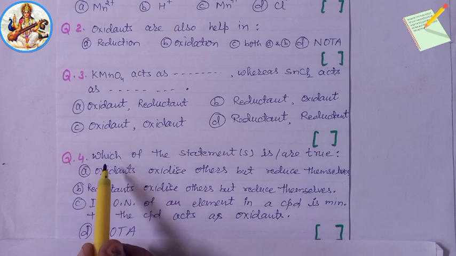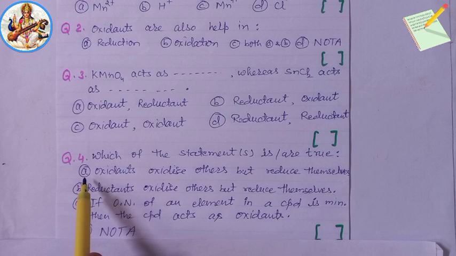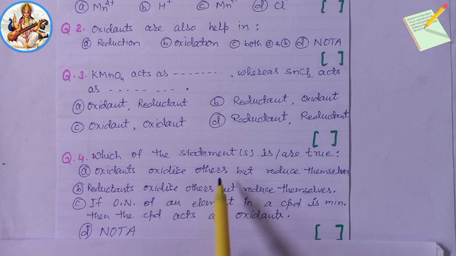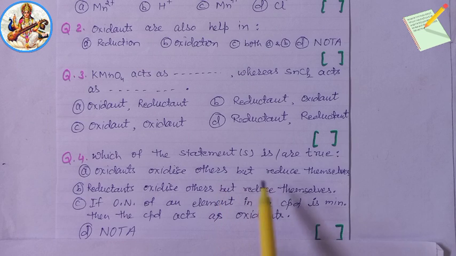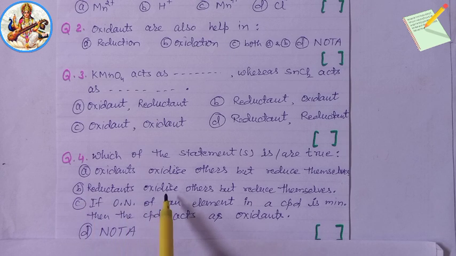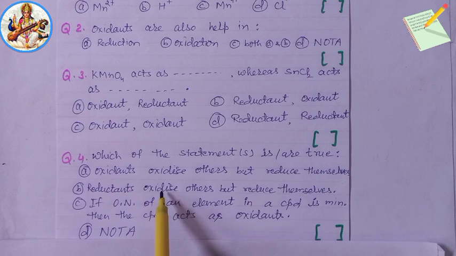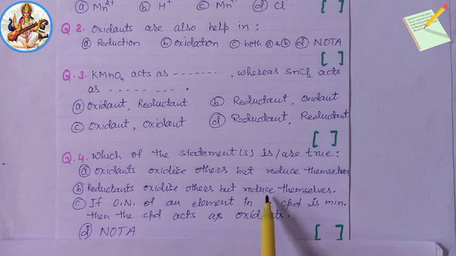Now next, fourth question: which statement is true? Option A, oxidants oxidize others but reduce themselves. It is a true statement. Option B, reductants oxidize others but reduce themselves. It is a false statement. We know that reductants reduce others but oxidize themselves.